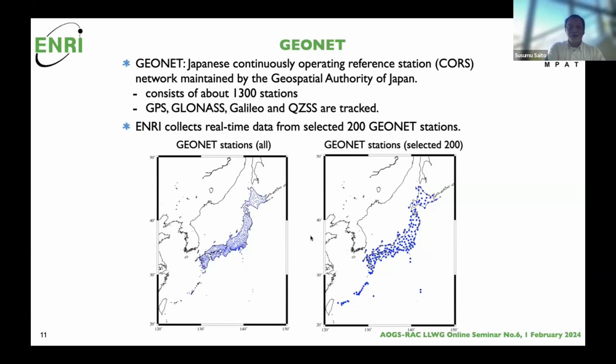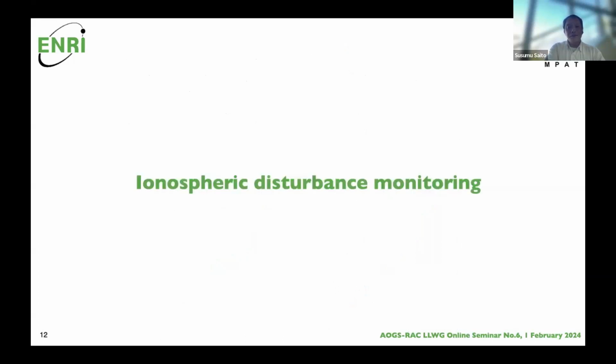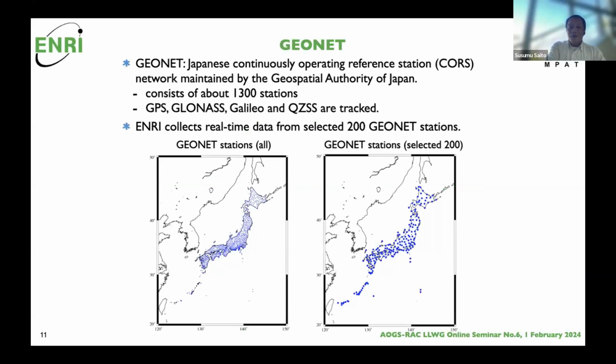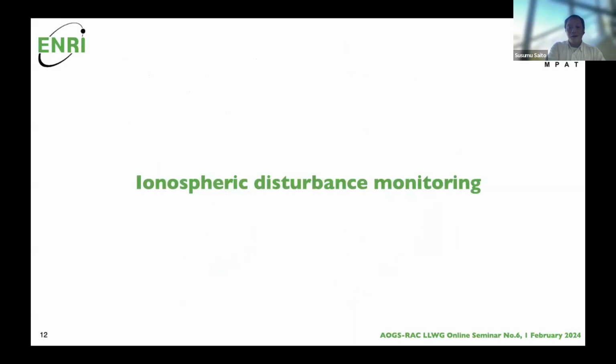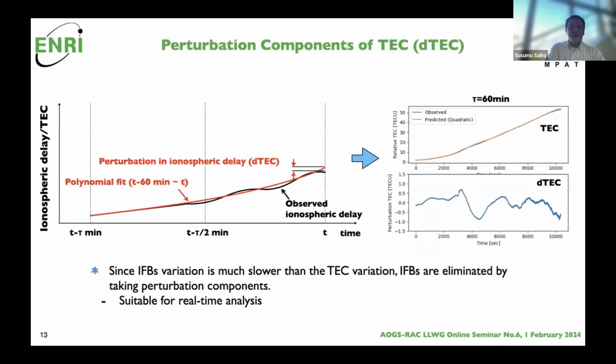That's the reason why we receive the real-time data from the 200 GEONET stations. So we use some limited data from GEONET, but in real time. By using these measurements from GEONET in real time, we observe the ionospheric disturbance in real time.